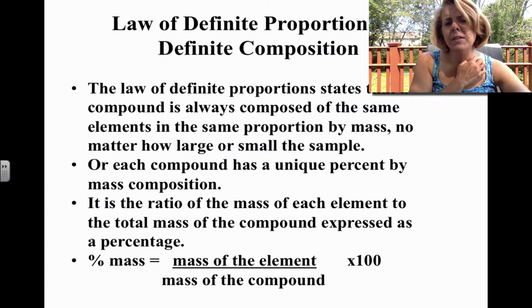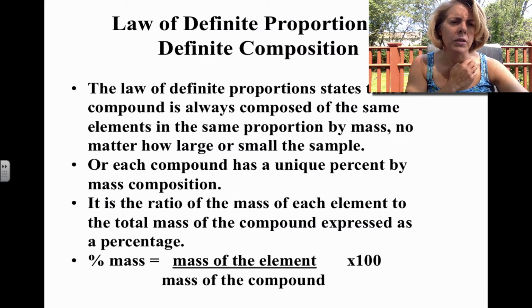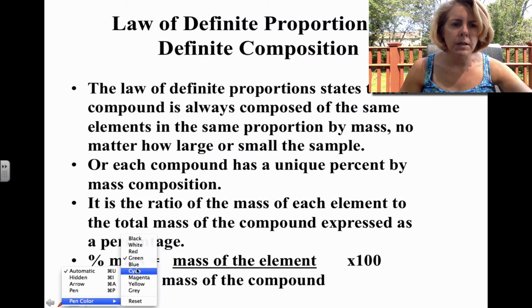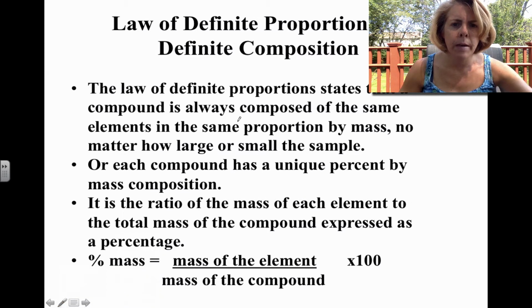Okay, this is the last calculation that we have to do within this chapter, and this is the law of definite proportions. So what does this mean? Well, this essentially means that a compound is always composed of the same elements and in the same proportion, okay?